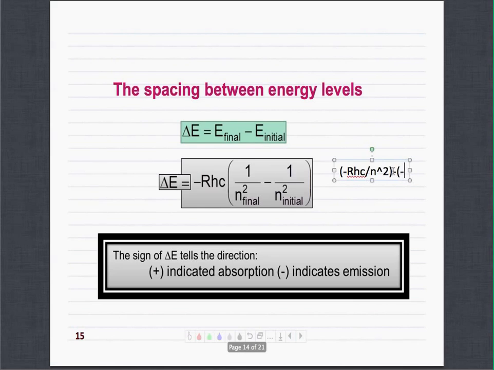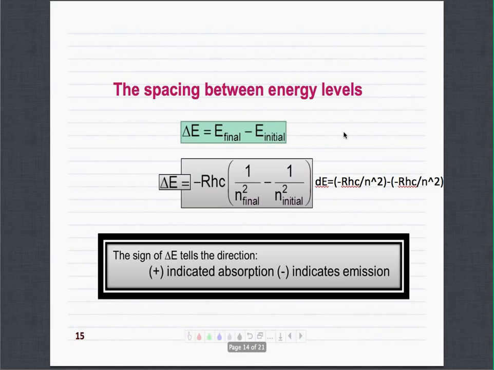In other words, if you have an emission, that means the electron is transiting from a higher energy level to a lower energy level, and your delta E is going to be negative. And if the electron is transiting from a lower energy level to a higher energy level, it's going to be positive. Does that make sense? If it goes back to 1, yes, but it will be a different sign.